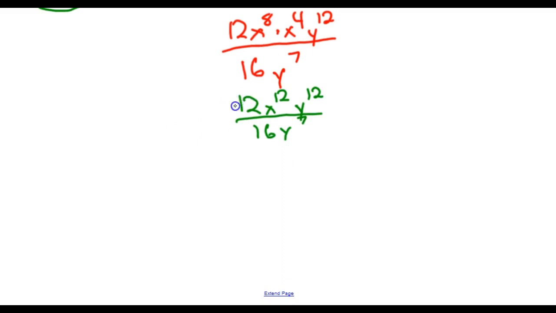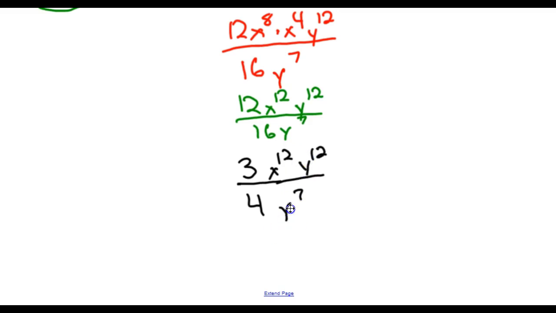Here again, I can simplify. I can take 12 and 16 and simplify those down. I can divide each of those by 4. When I divide 12 by 4, I get 3. When I divide 16 by 4, I get 4. Then we have x to the 12th, y to the 12th, and y to the 7th.